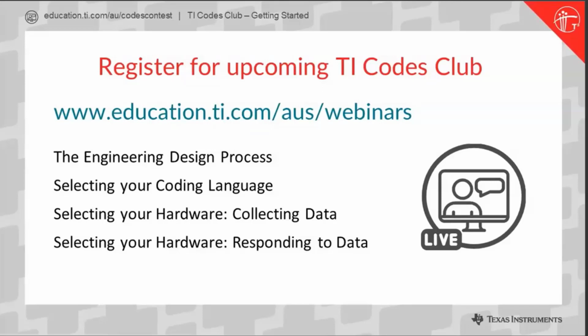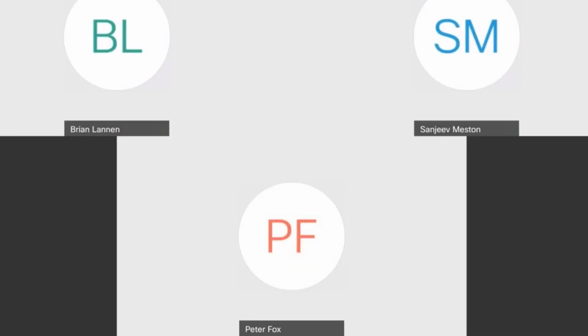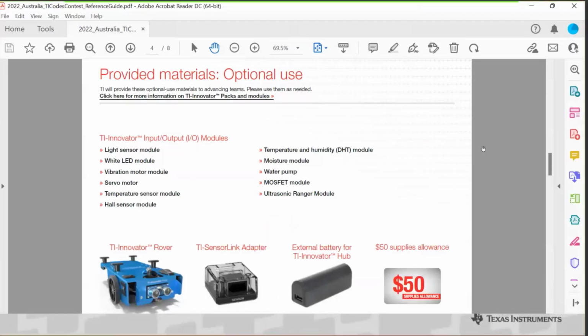I'll just point out that if you've looked in your support guide for the competition, the reference guide, I think on page 4, there is the list of some sensors and actuators from what's called the I/O pack. That's the material that will be provided if you get through to the next stage of the competition and you wish to use these.